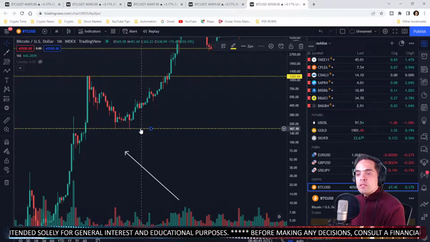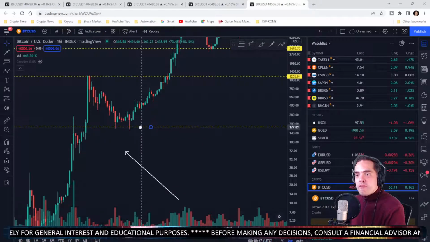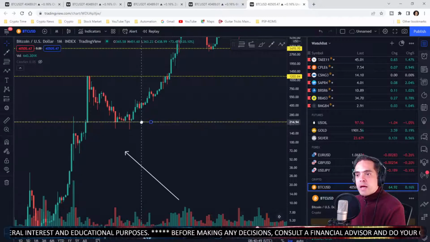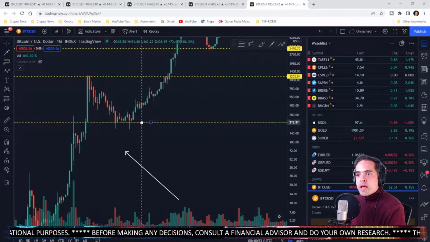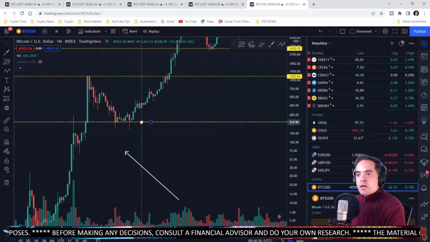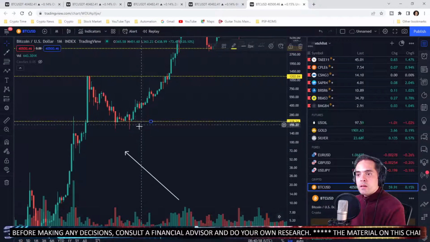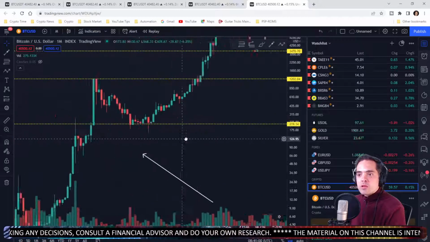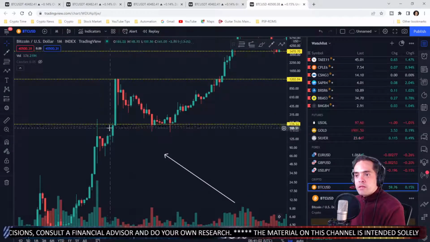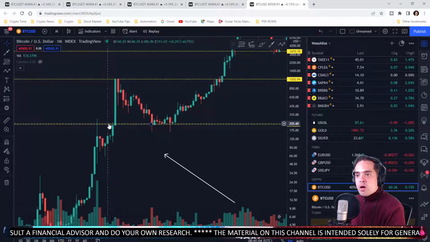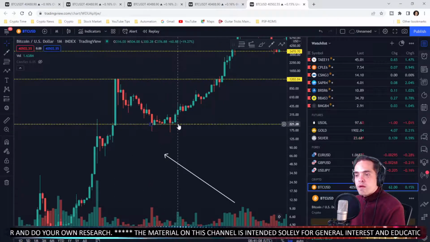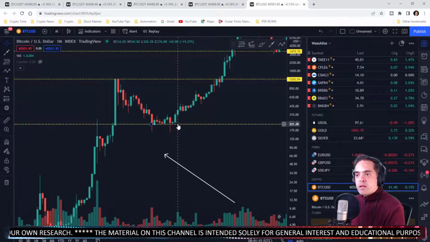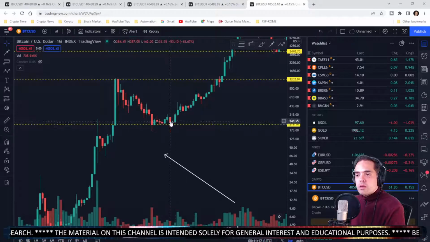So it is more efficient if we move that line in a way that we can catch as many candles as we possibly can. As you can see now, the line is touched by 1, 2, 3, 4, 5, and so several candles, at least over 10 candles here.